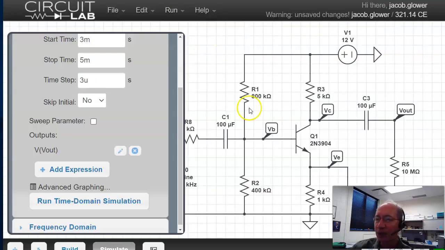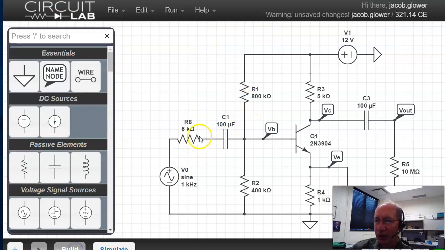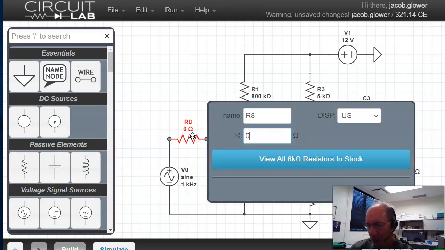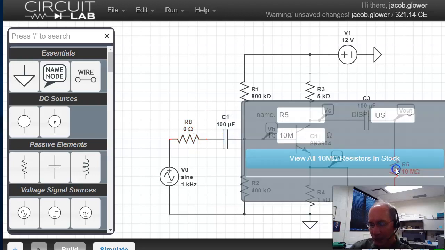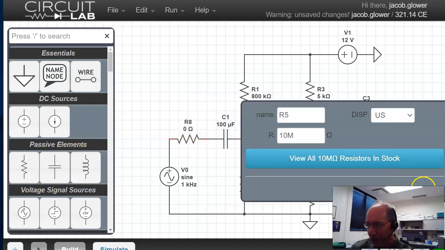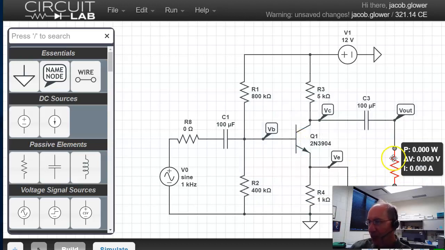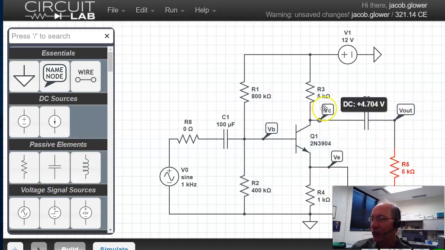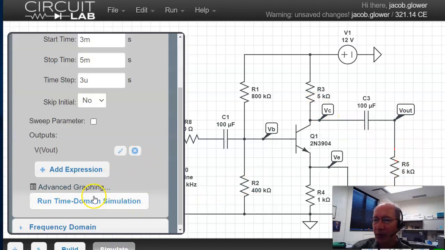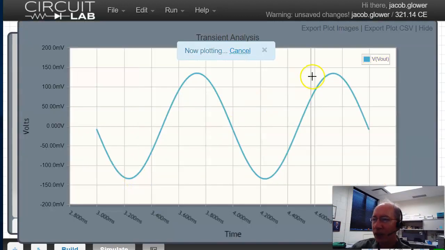Now to measure the output resistance, I'll change this back to 0, change the output resistance to say 5K, and now measure the output. If this is equal to the output resistance, then by voltage division, I should be at half the voltage. Rerun it, and I'm now at 134 millivolts.